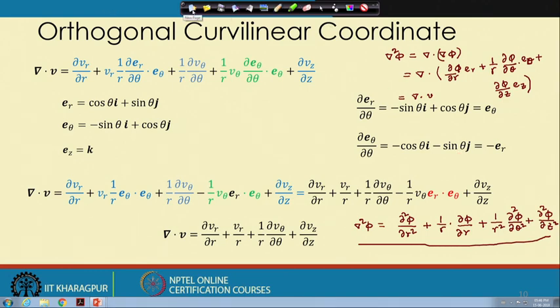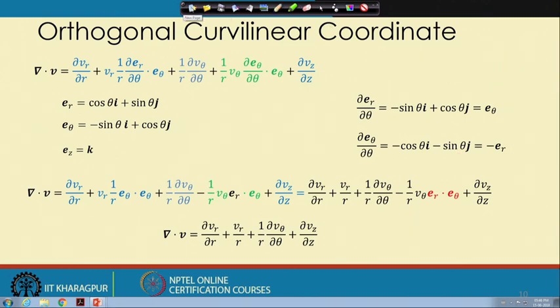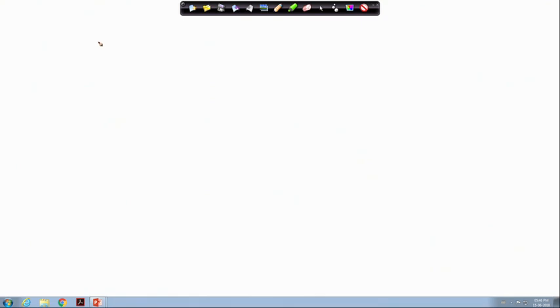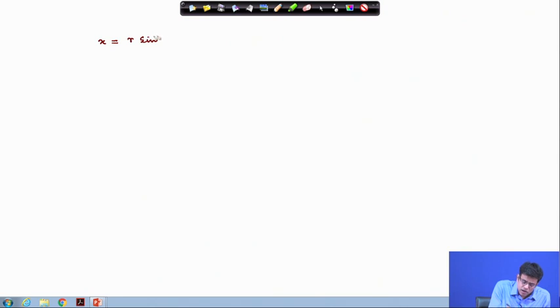Now, for instance, if we want to have a spherical coordinate system where we essentially know the variables, x is r sin psi cos theta, y is r sin psi sin theta, and z is r cos psi.